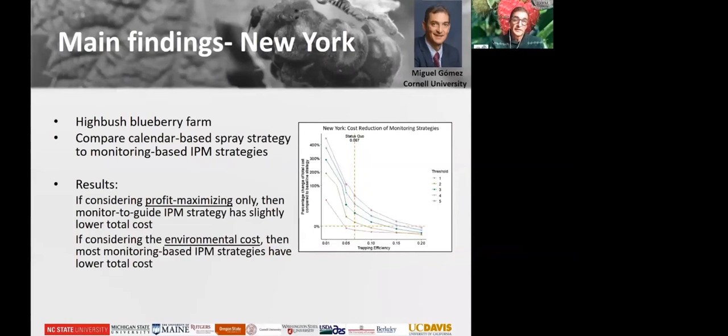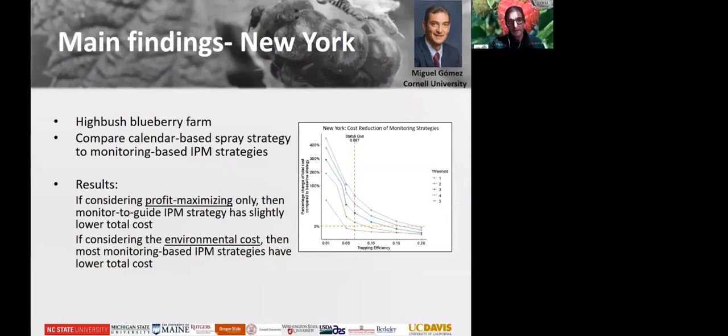So our result here is that one way to make monitoring more economical is to improve efficiency. We find, however, that some of the monitoring-based strategies have slightly lower total costs than the calendar-based spray strategy in the case of blueberries in New York.